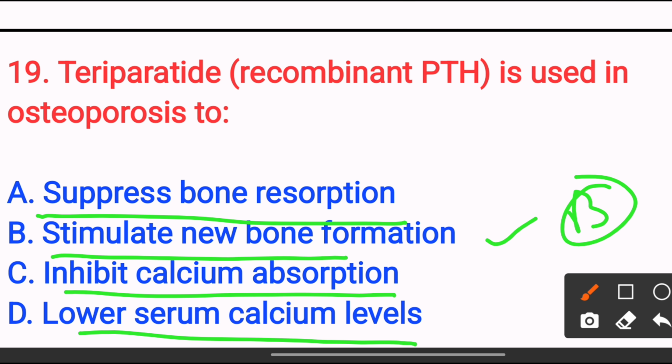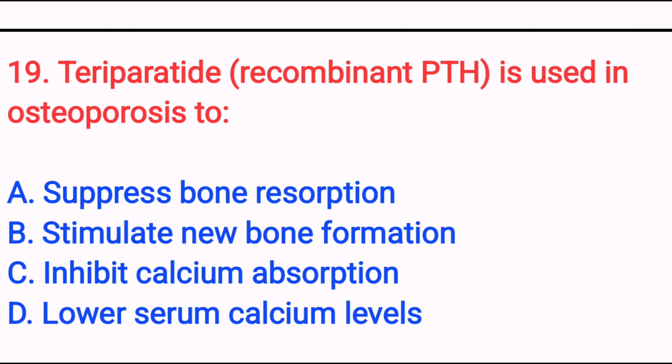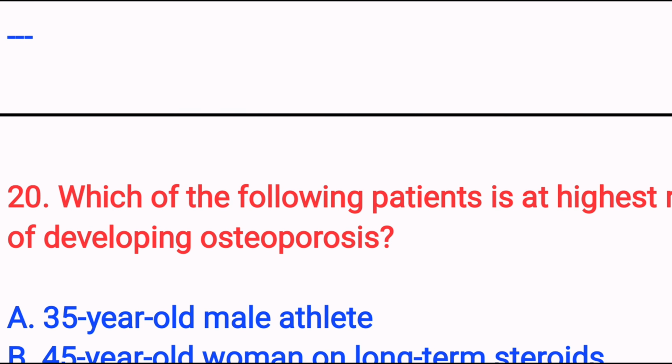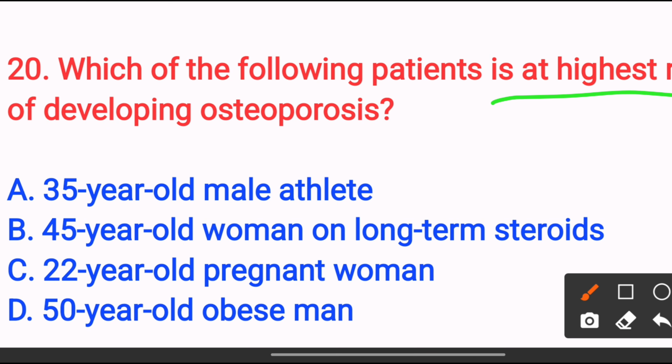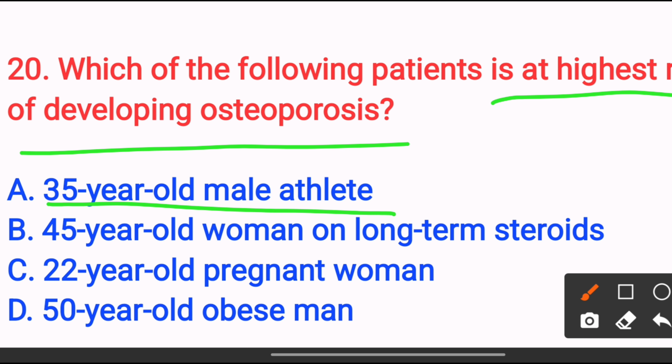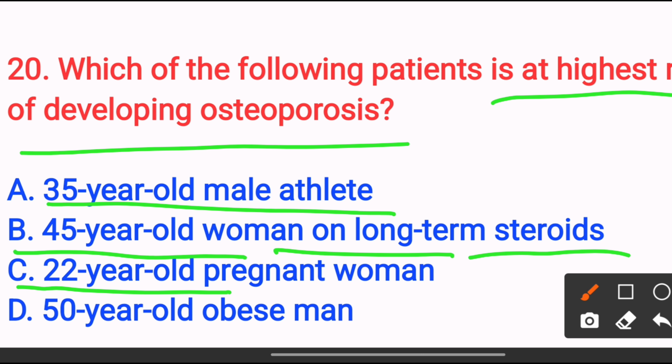So, next, which of the following patients is at highest risk of developing osteoporosis? Option A, 35-year-old male athlete. Option B, 45-year-old woman on long-term steroids. Option C, 22-year-old pregnant woman.